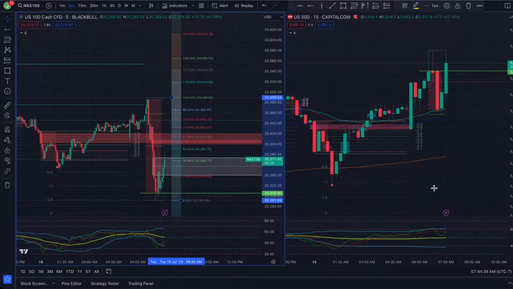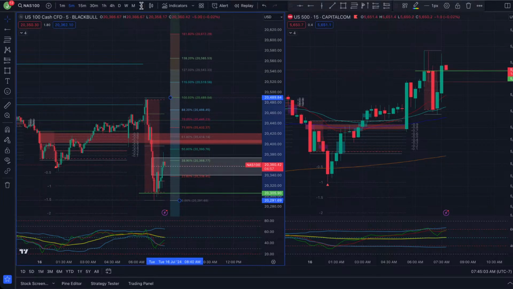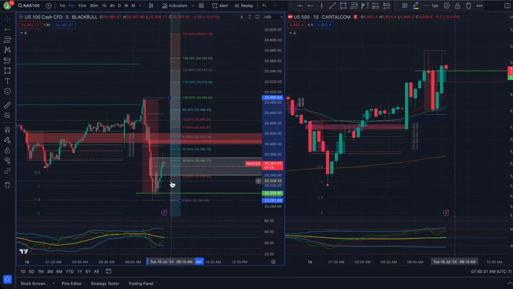But we are on the other side of that consequent encroachment, midpoint. We do have a pretty big range, so it's got a long ways to go before we get any bullish confirmation. I'd like to see the range break.